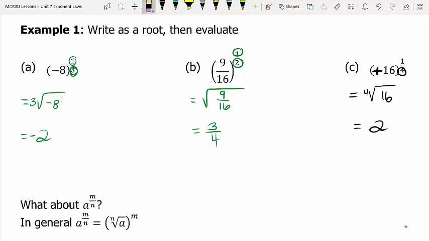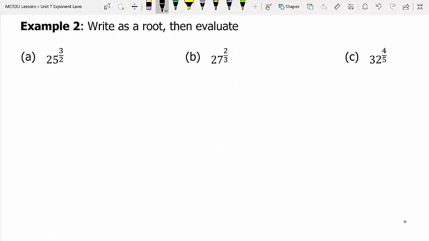In general, when you have a base raised to a power that is a fraction, here's how you evaluate it. The denominator of the fraction becomes the root, and the numerator of the fraction is the regular exponent. We always dealt with fractions where the numerator was 1, so this didn't really apply to us yet, but in the examples that we're about to do, we're going to have to become very comfortable with applying that exponent as well. 25 to the power of 3 over 2.